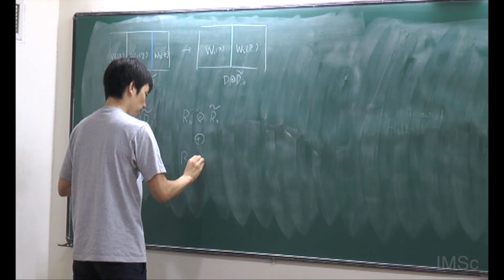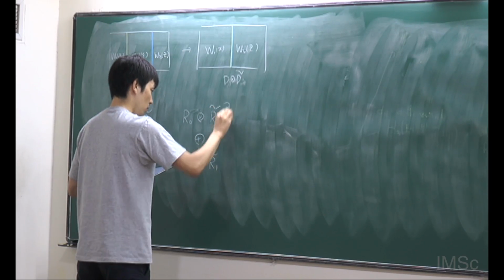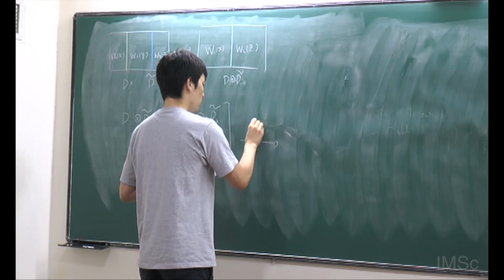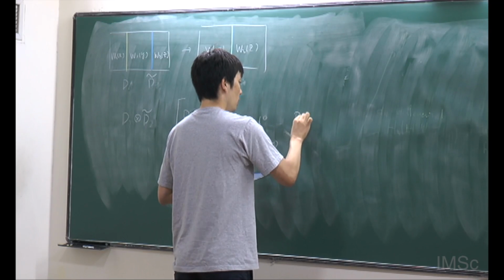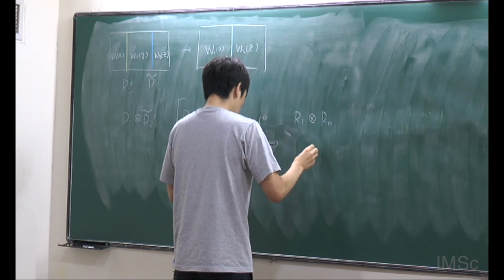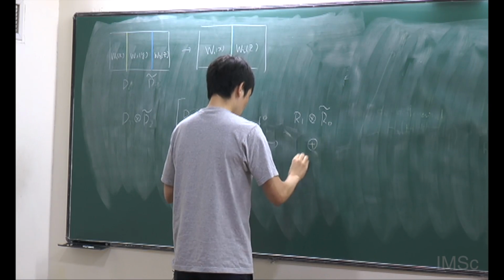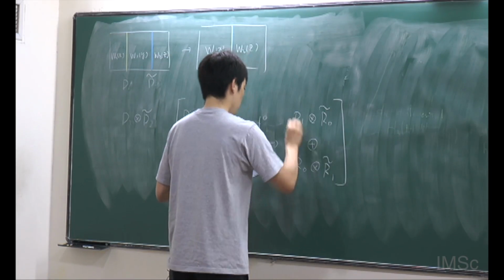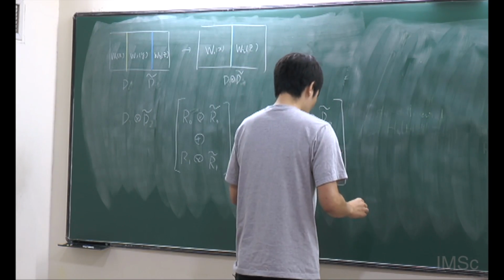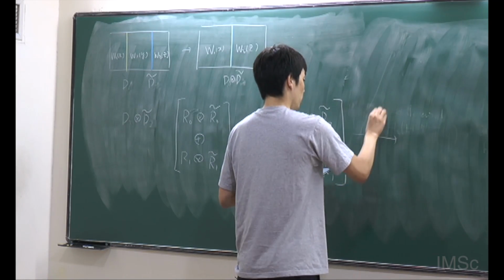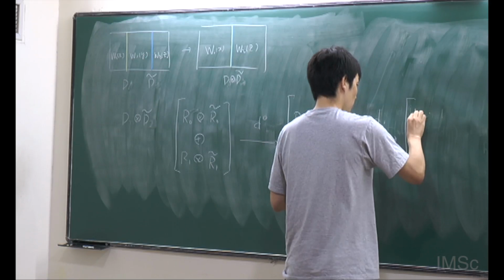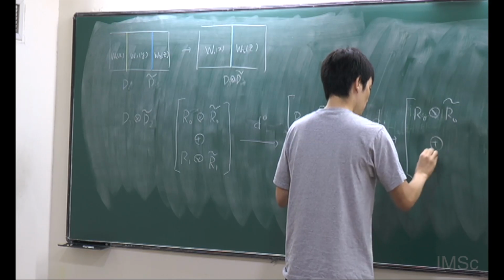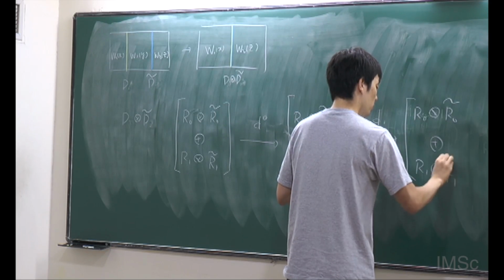So this is a new vector space, and there is a differential d0 from r1 cross r0 tilde plus r0 cross r1 tilde, and a d1 from r0 cross r0 tilde plus r1 cross r1 tilde.